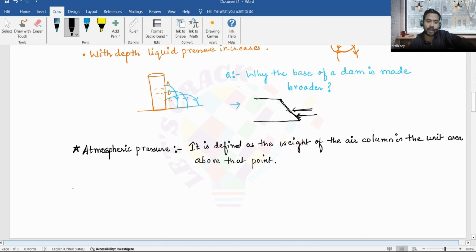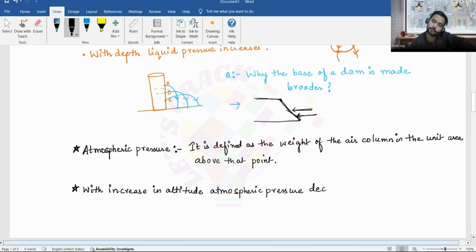Okay, one more thing we have to remember: with increase in altitude, atmospheric pressure decreases.